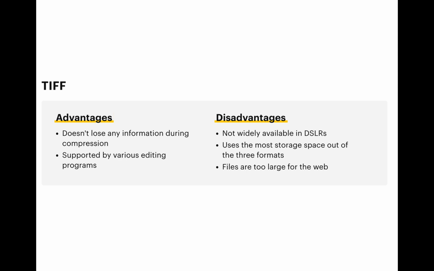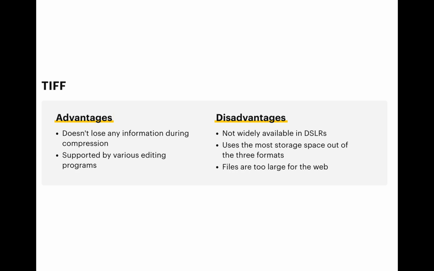The other disadvantage of TIFF, as we saw earlier, is that it is going to take up a lot of storage space. Out of all three formats, it's going to take up the most storage space. And you will not be able to put these images on the web. Uploading is going to take a long time. It's going to slow down the entire process.